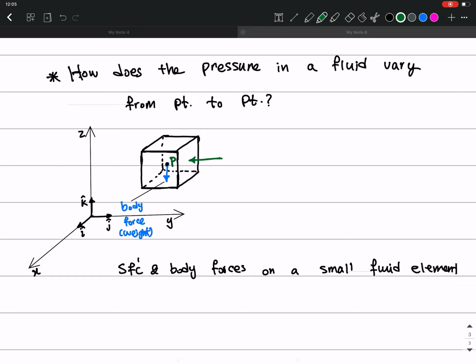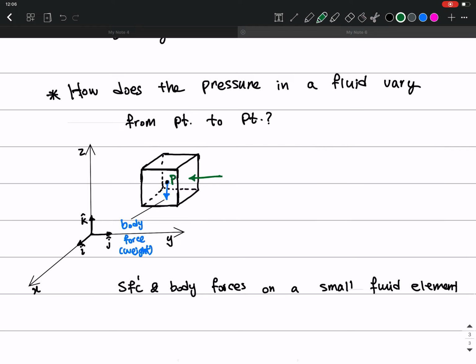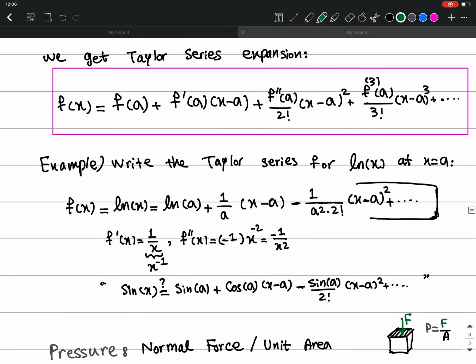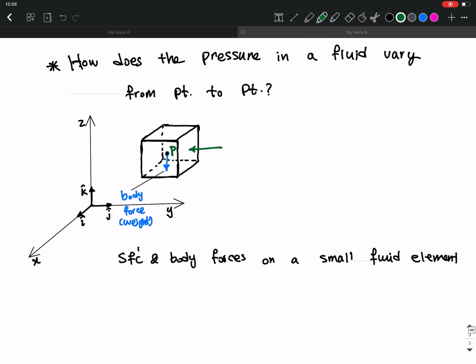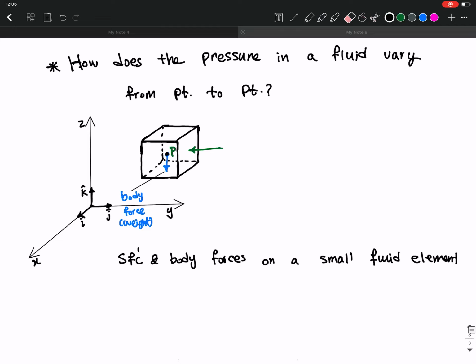Okay. If you remember the Taylor series formula from calculus, let me just draw this in the YZ plane so you better understand what we have here.